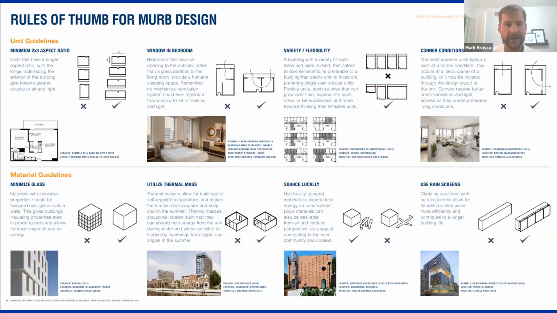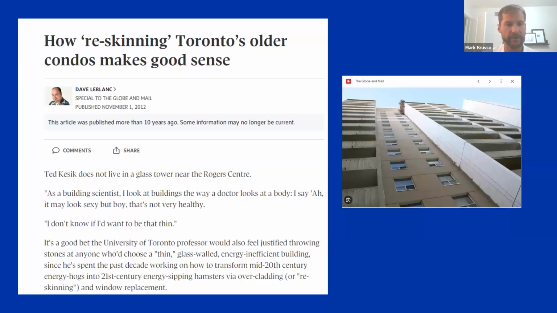Prior to that report being issued in 2019, Ted Kesik actually got involved in a lot of recommendations for this era of apartments. On the right-hand side is a picture of what I'm talking about.